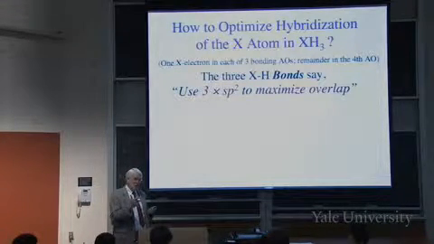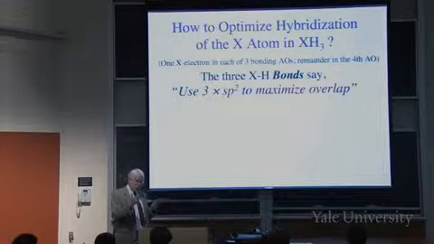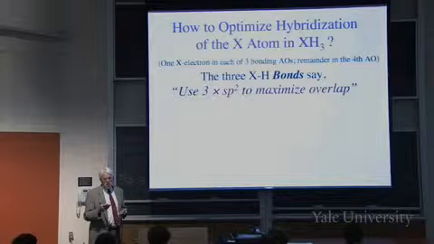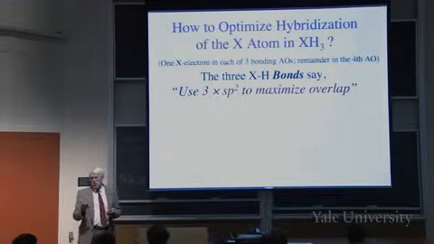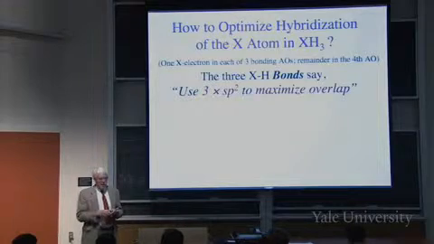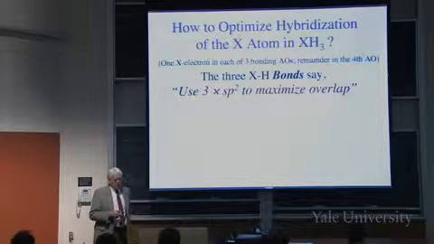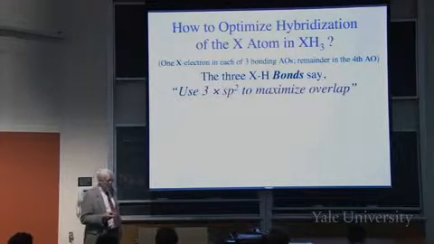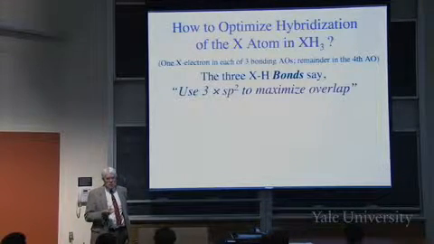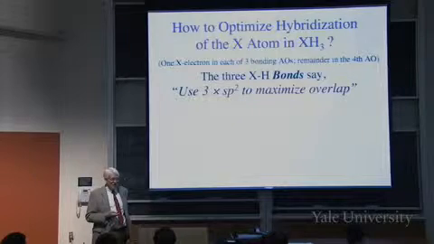So what's the best you can use if you want to make 3 bonds? SP squared. So no matter whether it's BH3, CH3, or NH3, all of them will overlap best in making 3 bonds if you use SP squared. So the bonds cry out, use SP squared. That'll maximize the overlap and minimize the energy of the electrons in the bonds.